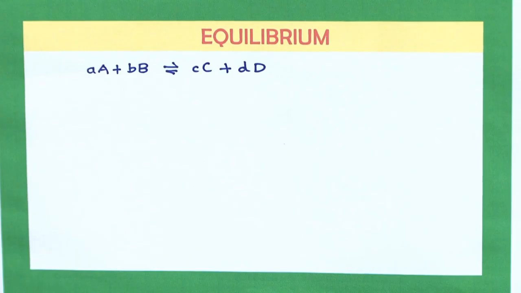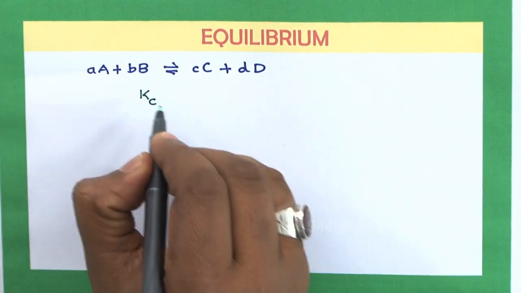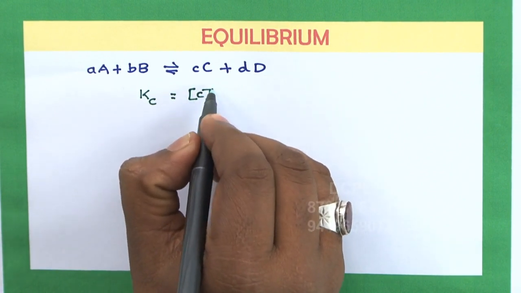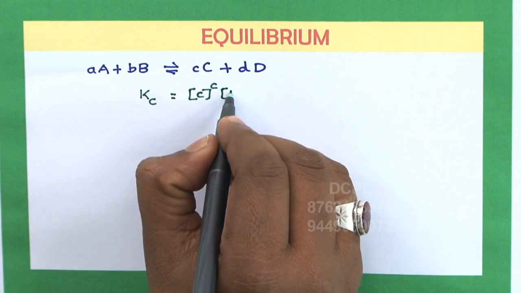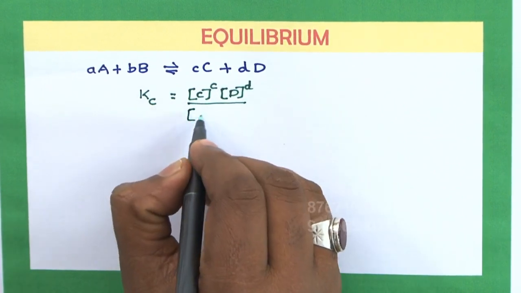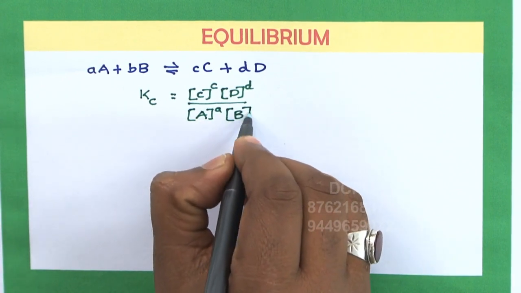So hence the equilibrium constant for this reaction is given by the expression: equilibrium constant in terms of concentration, Kc, is equal to concentration of C raised to c into concentration of D raised to d, divided by concentration of A raised to a into concentration of B raised to b.